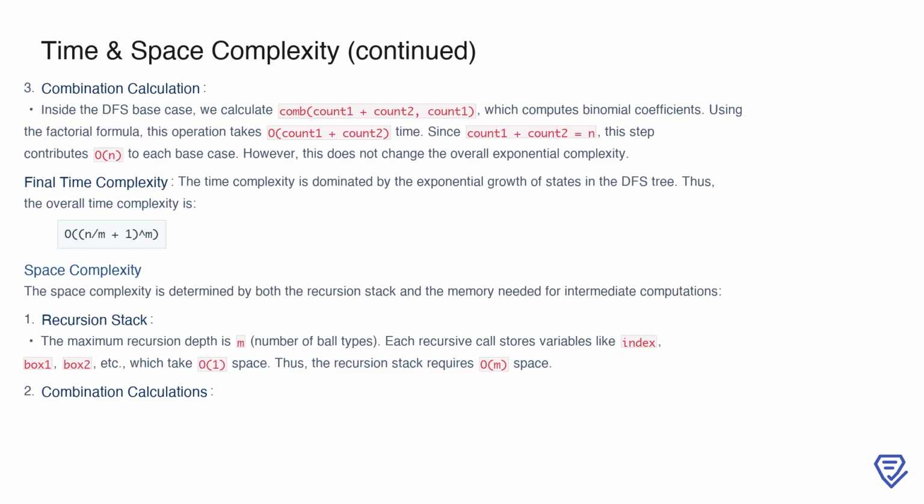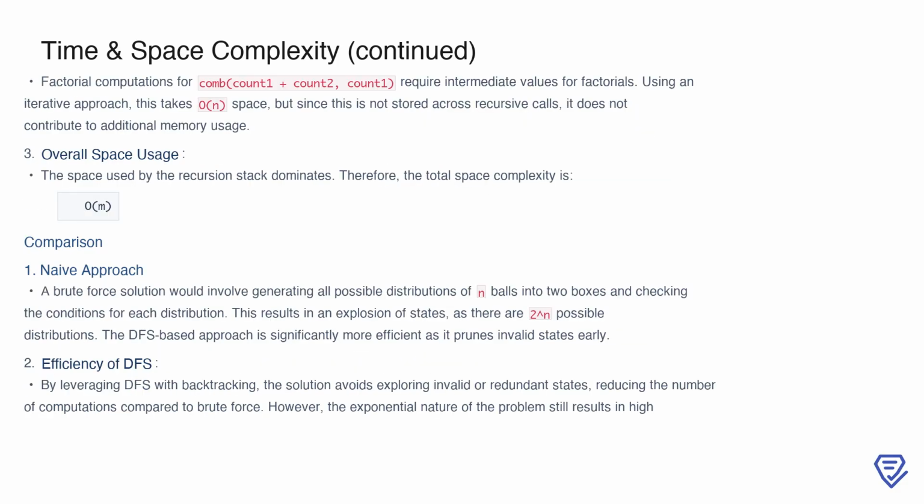Turning to space complexity, the primary factor is the recursion stack. Since the recursion depth corresponds to the number of ball types, which is m, and each recursive call consumes a constant amount of space for variables, the recursion stack requires O(m) space. This is the main contributor to the space complexity. Another aspect of space complexity comes from the combination calculations performed during the DFS. Specifically, the factorial computations for COM(count1 + count2, count1) may require intermediate storage for factorial values.